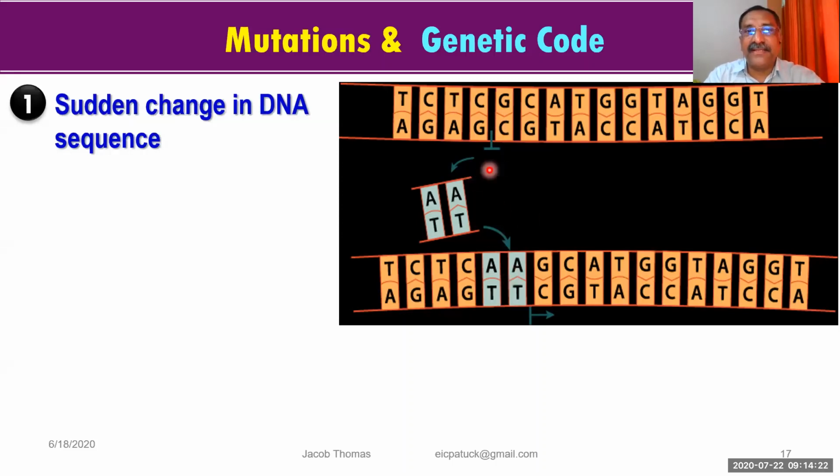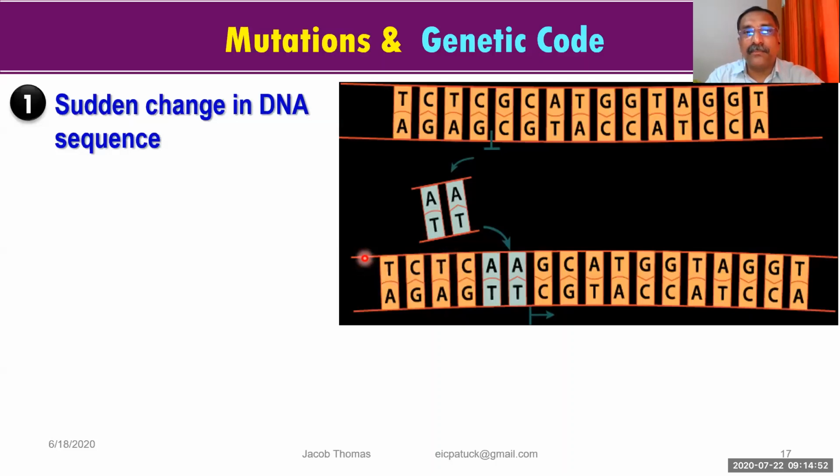Now in this case, if you look at the normal sequence, T, C, G, C, A is going on, but in between C and G, two base pairs are added. It is extra, coming from outside and added in between. When it is added in between, the whole meaning is changed. Every three nitrogen bases have a meaning.